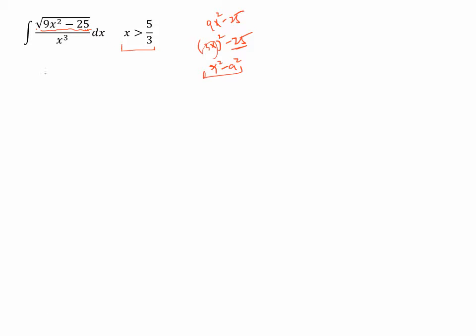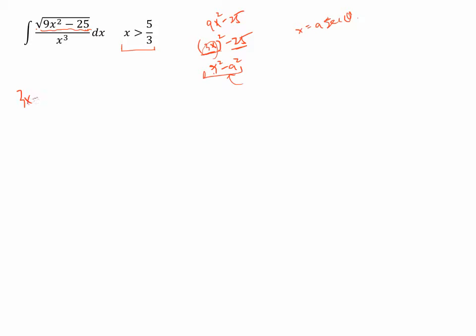Okay, so we need to set up the substitution. We know that in previous problems, x equals a secant theta for this format, but here what is under the square is 3x, right?